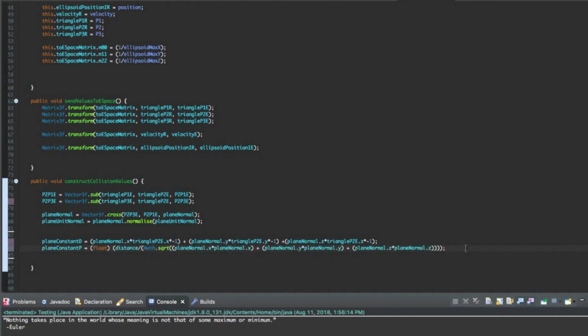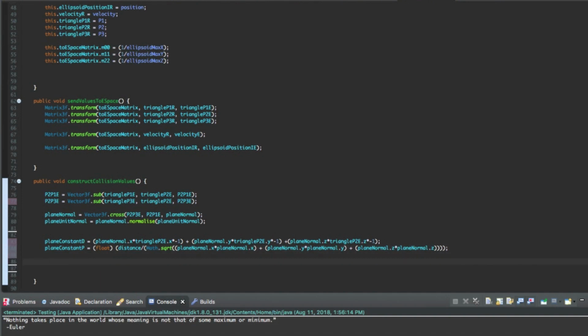Semicolon. All right. Now from here we can calculate the distance. Oh, and I actually messed this up. That's our plane constant d there.